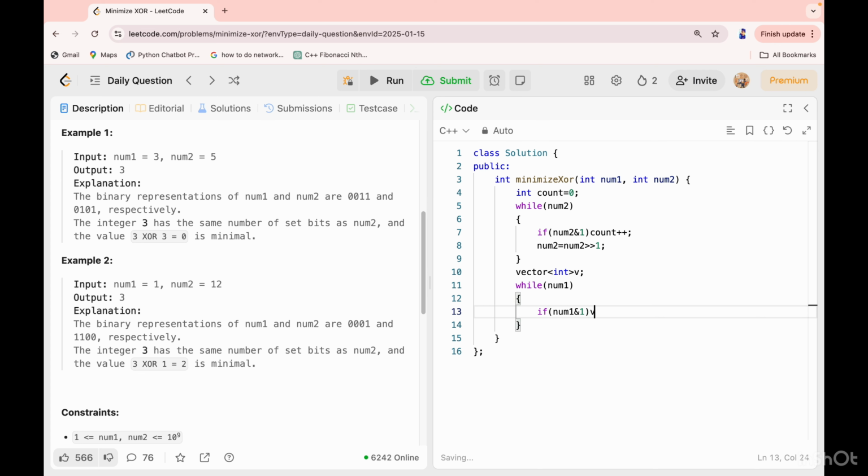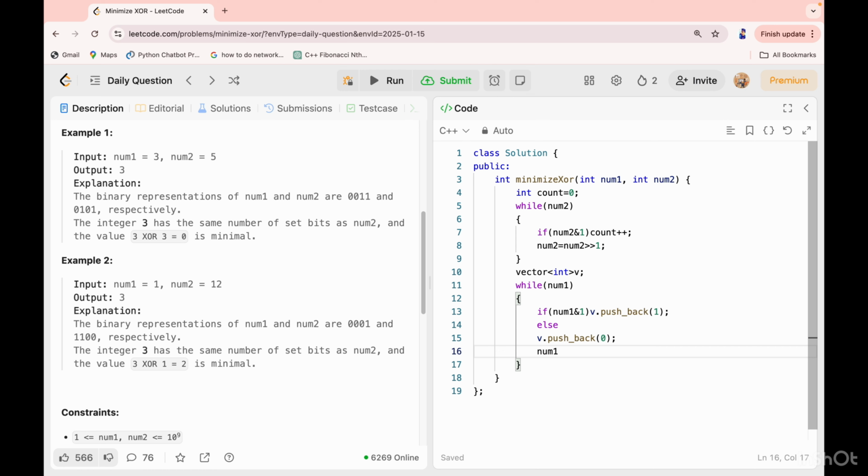If it is odd, then we have to push 1 in the vector, else we have to push 0 in the vector. Okay. And after the loop is completed, we will right shift the number by 1. This is our question.